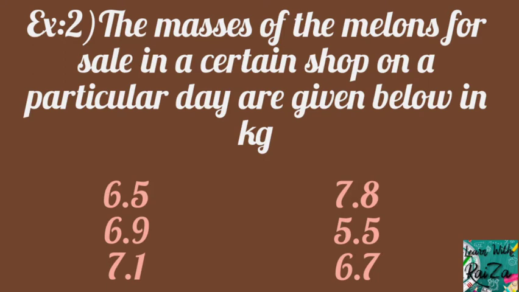The masses of the melons for sale in a certain shop on a particular day are given below in kilograms: 6.5 kg, 6.9 kg, 7.1 kg, 7.8 kg, 5.5 kg and 6.7 kg. Now children, let's see how to represent these values in a stem and leaf diagram.